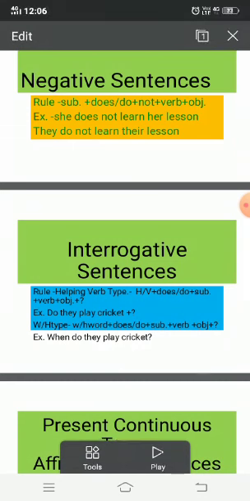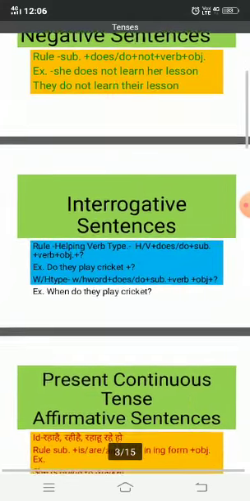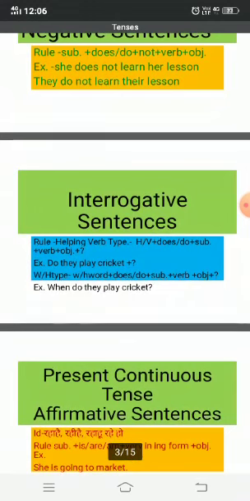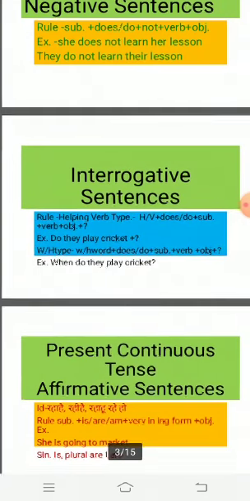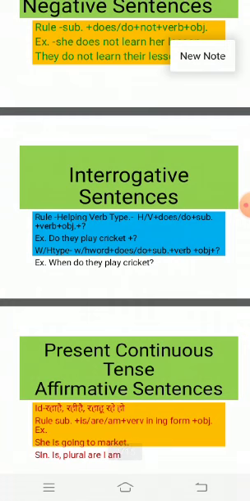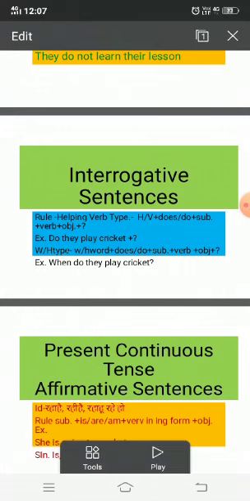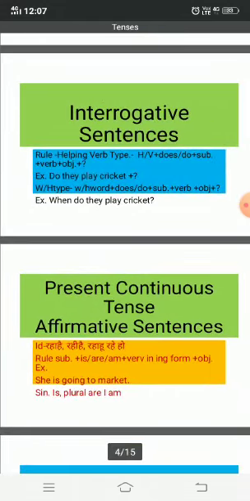Okay, and after that the example of these type of sentences is, when do they play cricket? When, as I have told you, we have used in starting. Then because they is plural subject, that's why we have used do, then subject they, then play, and then cricket, and question mark also. I hope you have understood.